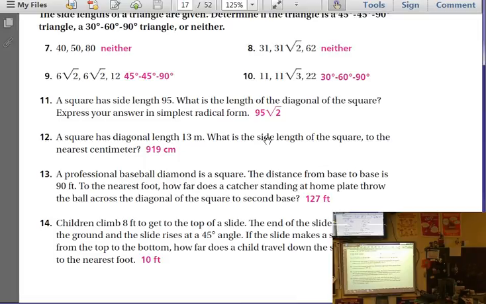That's the trick. If I change it from meters to centimeters, it still would have been off. So, how many centimeters are in a meter?